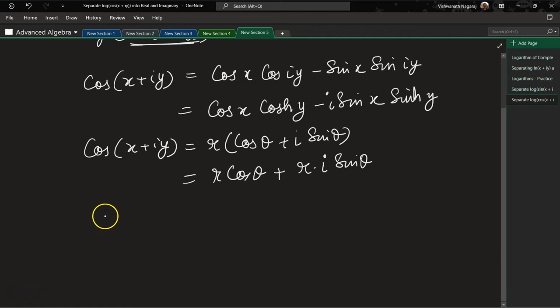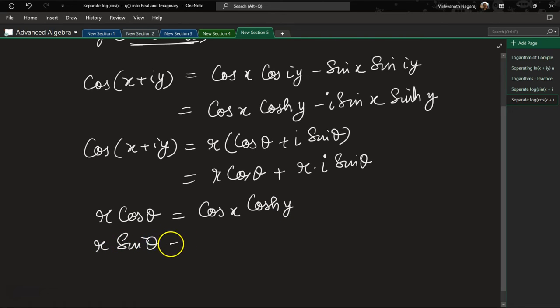So we get r cos theta is equal to cos x hyperbolic cos y. Similarly, r sin theta is equal to i sin x hyperbolic sine y, minus. We don't have to write i when we are equating the real and imaginary parts.